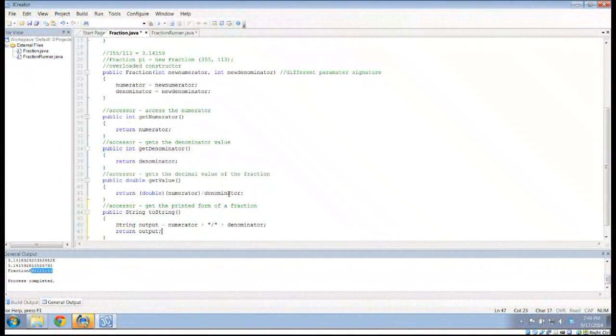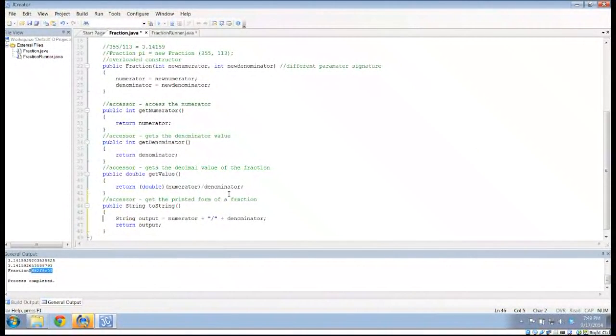So this is one way that I could write it, but just as we did with the value, it's much easier and it takes up less memory if instead of storing it in a variable, I just decide that I'm going to return the result of this calculation.